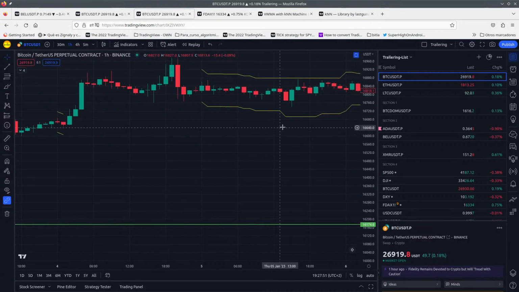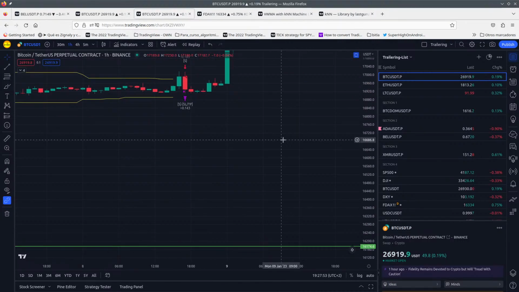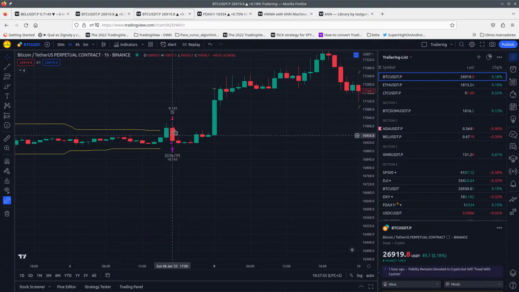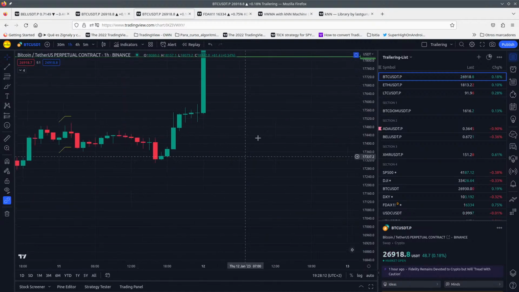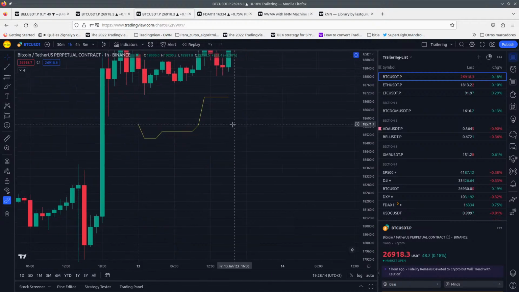Not long. Okay, so for short, the low needs to be lower than the high, and it's lower. Look at this.